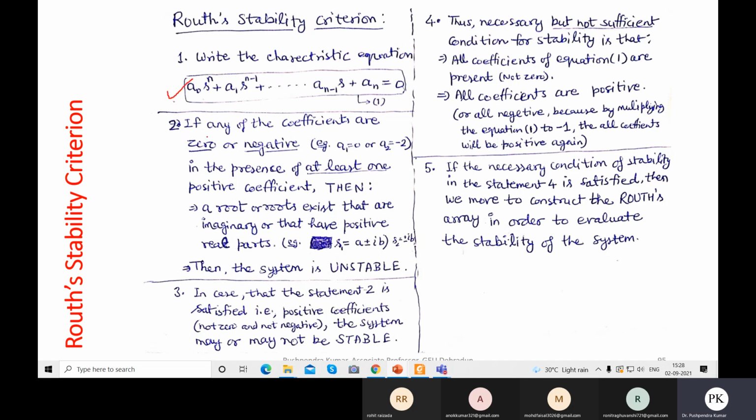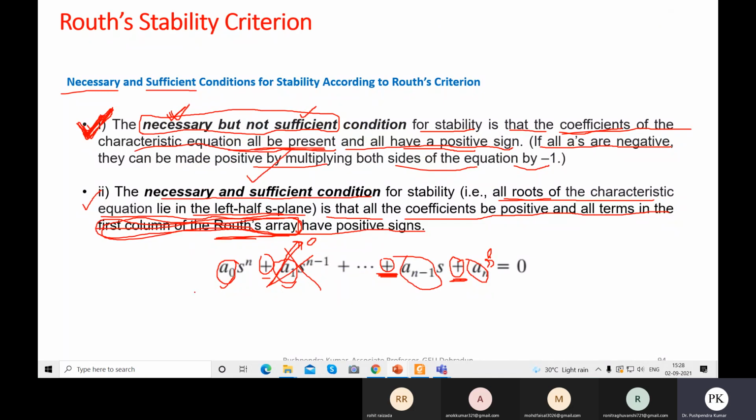So these are the conditions: any of the coefficients is 0 or negative in the presence of at least one positive constant coefficient. This is important to understand: at least one should be positive. If in this equation all signs are negative, you can simply make it positive by multiplying the equation on both sides by -1.